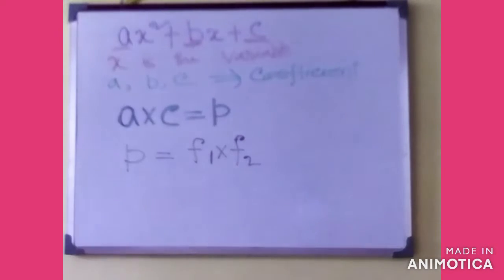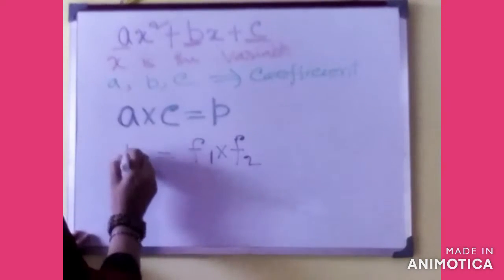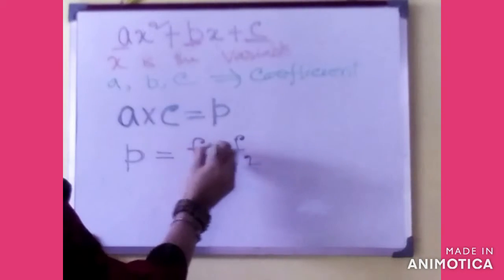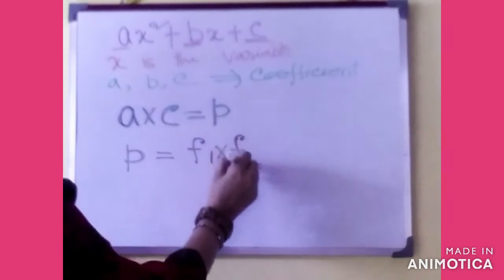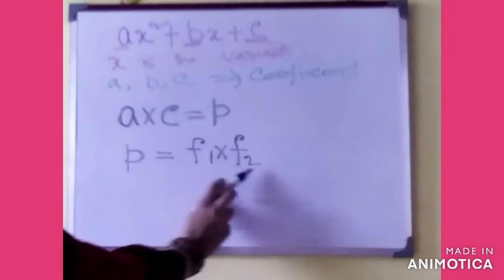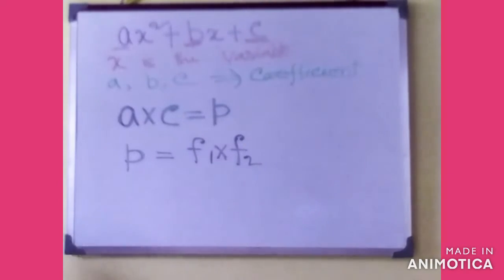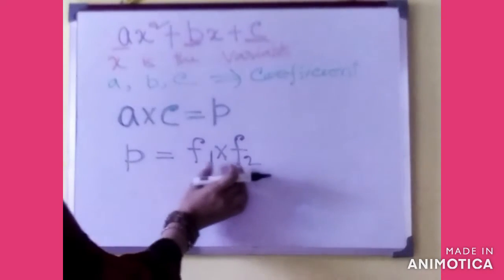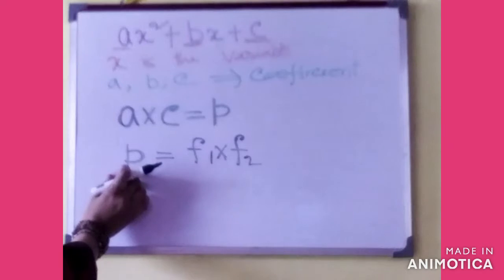But here is a point. This p, the product of the two coefficients a and c, we are factorizing and writing in only two factors, f1 and f2. Maybe p has lots of factors, but we will write just two factors such that f1 into f2 is equal to p.